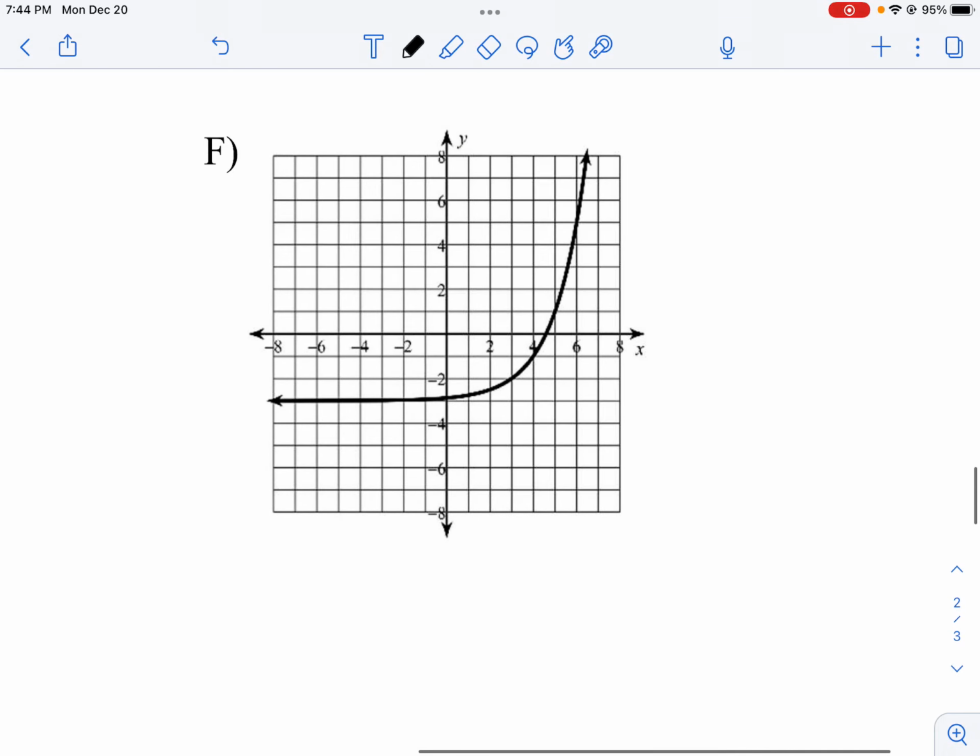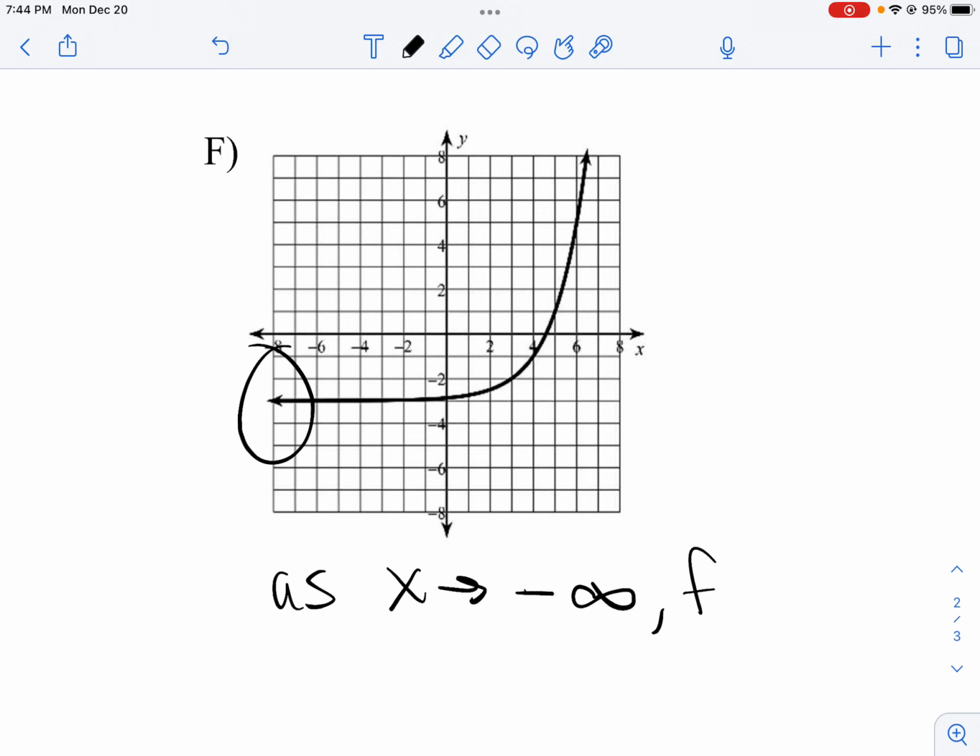Other direction, we'll look at this next one. For the left behavior, as x goes to the left, you'll notice that your f of x, the y, is going where? Where does it look like it's getting closer to? Right, 3, it's practically chilling right on the line. If the graph was bigger, we'd see it technically would be hovering above 3 and ever getting closer. But eventually it's going to that, sorry, not 3, -3, forever and ever.